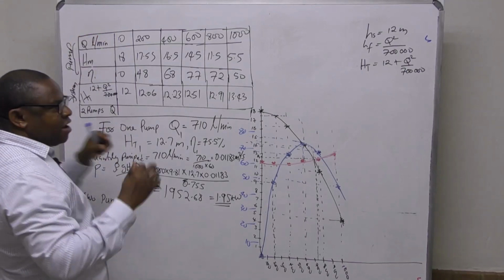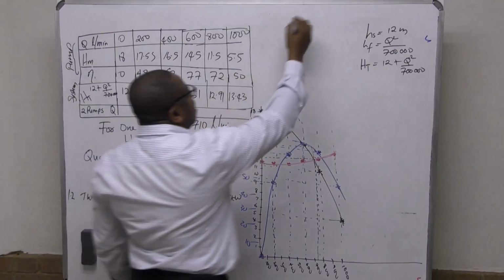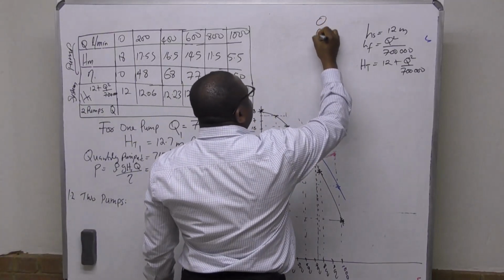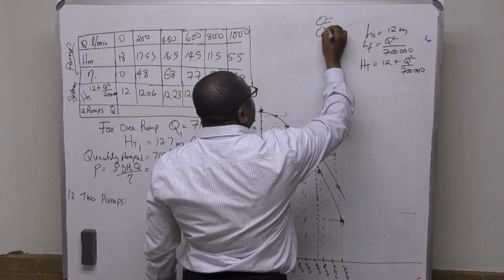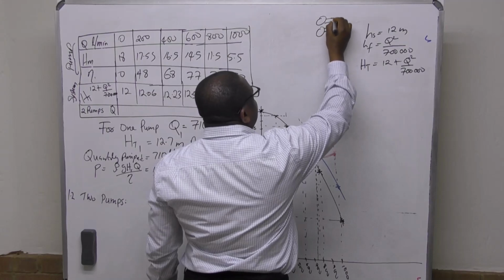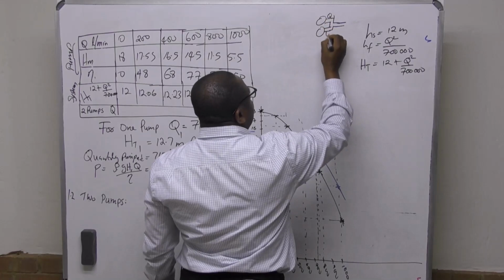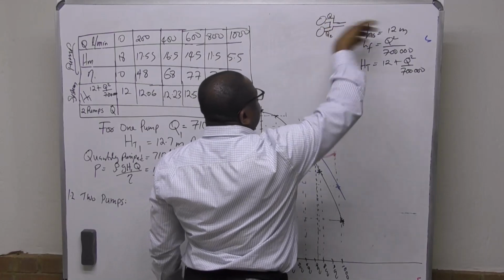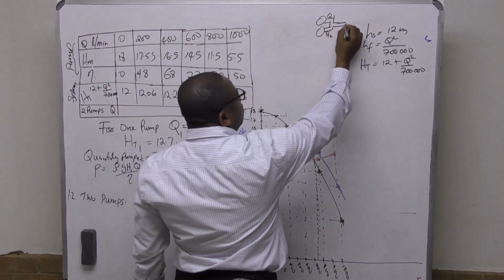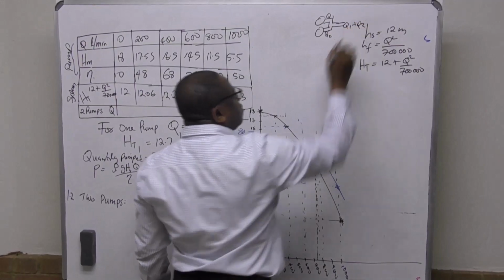The flow, remember that when you have two pumps in parallel, pump 1, pump 2, you have Q of this one and Q of these two all together. So here will be Q1 plus Q2.